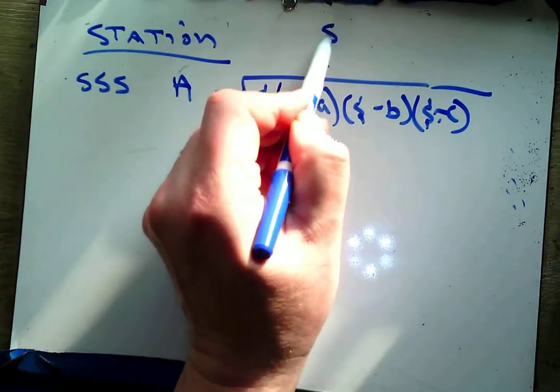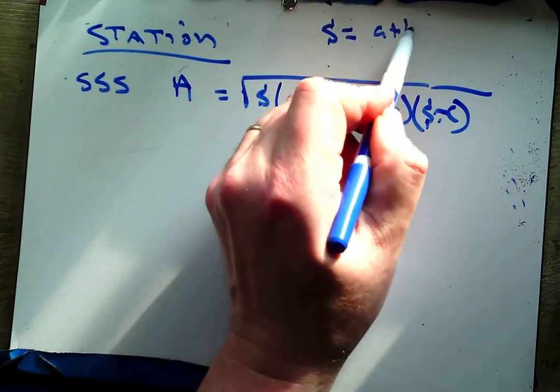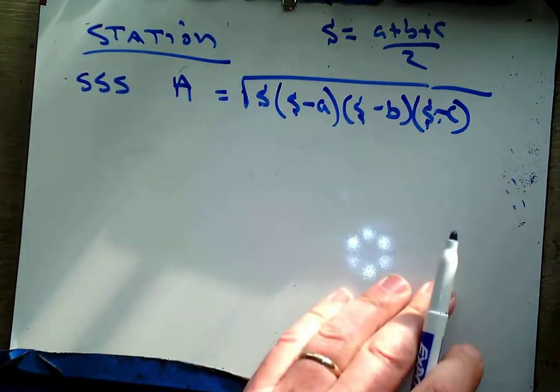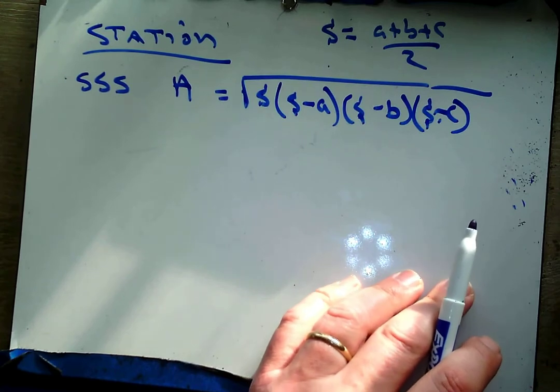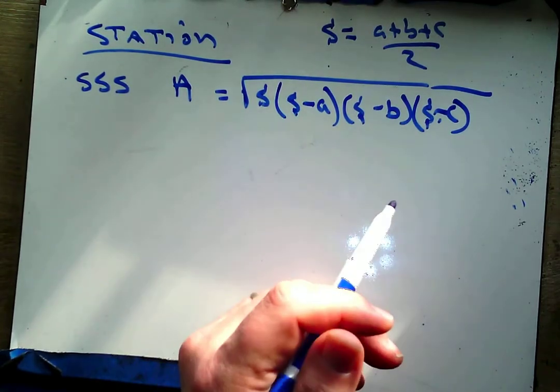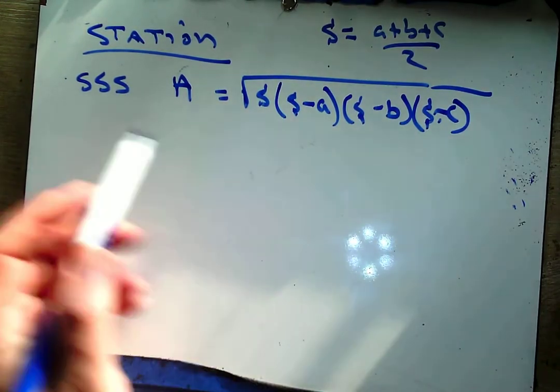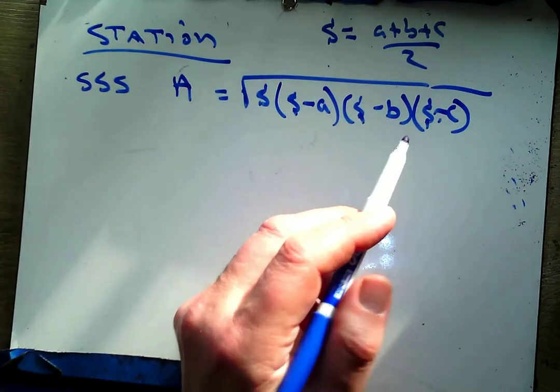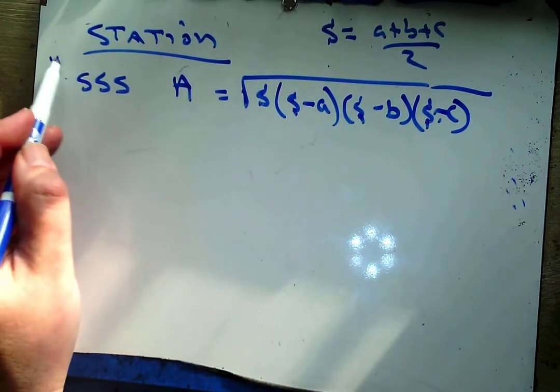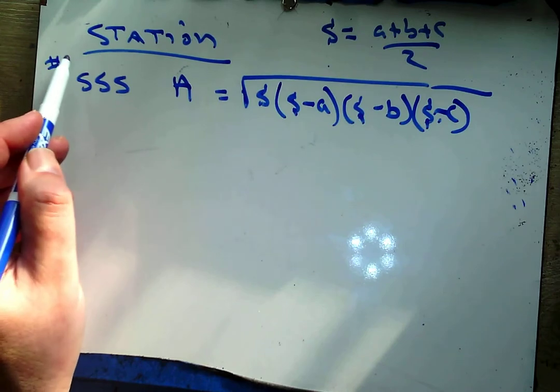Well, remember, S is the semi-perimeter. It's A plus B plus C divided by 2. All right, so in our situation, I have A, B, and C. And so I think number 2 is going to be side, side, side with Heron's formula.